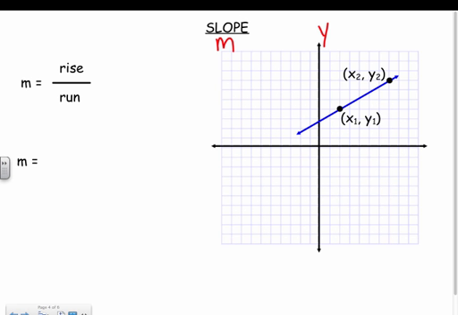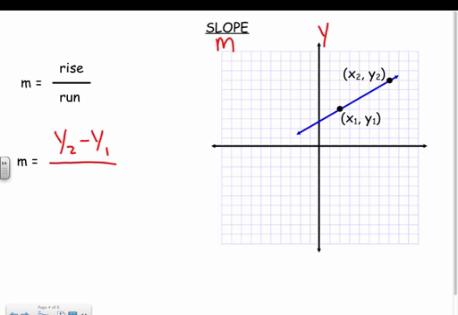And so I have 2 points here. So if I found the slope between 2 points, what would happen is that I would subtract my y values on top, right? y2 minus y1. So I'm subtracting this one by that one, y2 minus y1, because it's the rise. The rise is always on top. And I'm going to subtract it over top of my run.